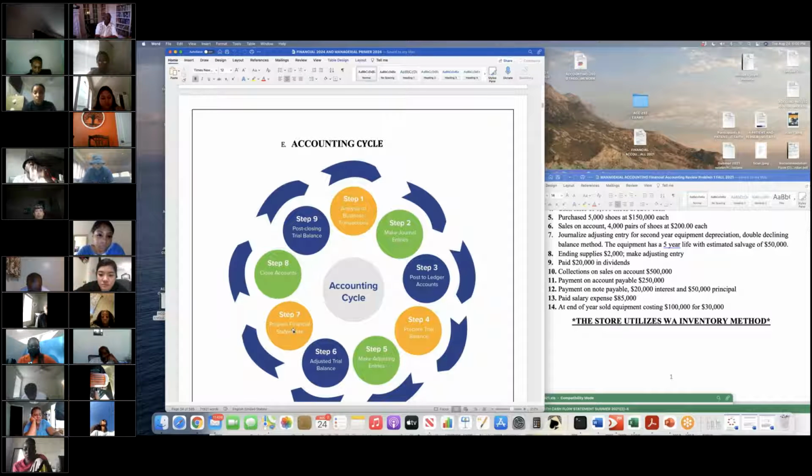Then we do the financial statements, then we close the accounts. Then that's what's called a post-closing trial balance. We make sure we're in balance after all of these. So this is the accounting cycle that you're doing, so that we get this review of financial accounting.